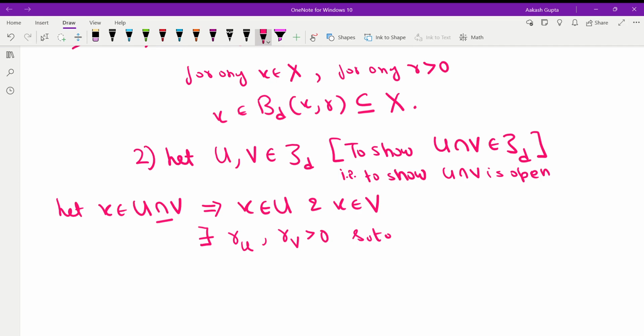My target is also to make you learn a nearly perfect way to write mathematics, because nothing is perfect. This ball, I can avoid the suffix d because I have just metric d here. The ball centered at x with radius r_U is contained inside U, and similarly for the other one.